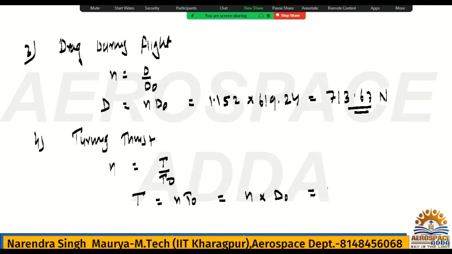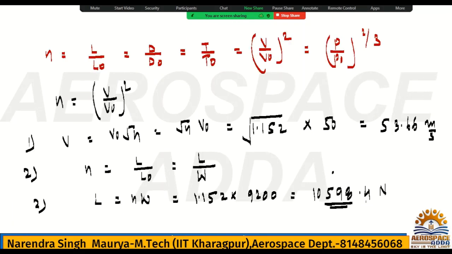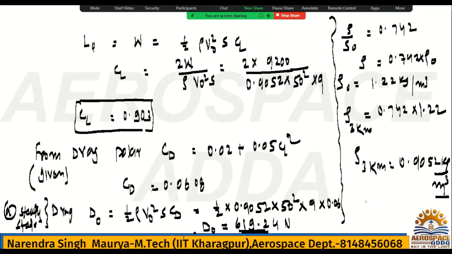So what you have done here, the same thing will have 713.67. Yes or no? This will be the thrust. Because check the formula. That formula itself is saying the same thing. N is equal to D upon D naught is equal to T upon T naught. Alright. So you can calculate in this way.